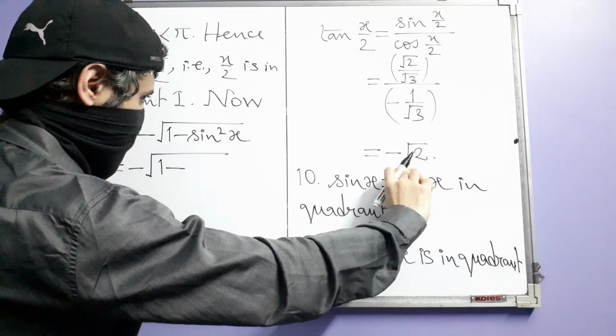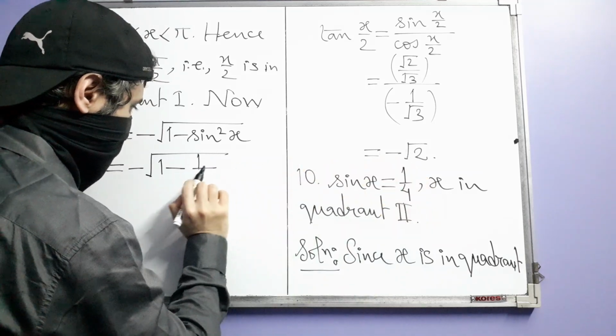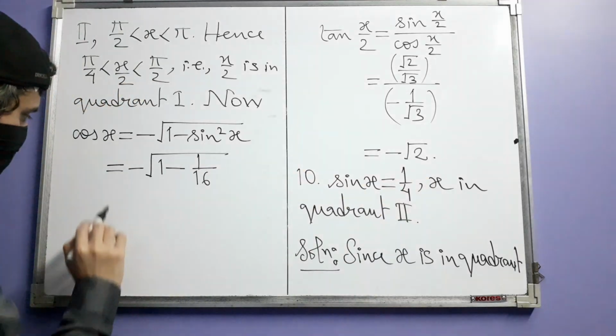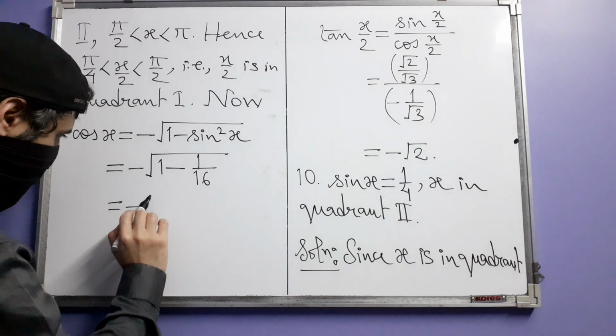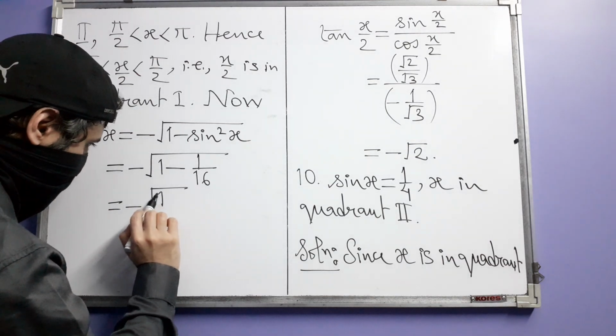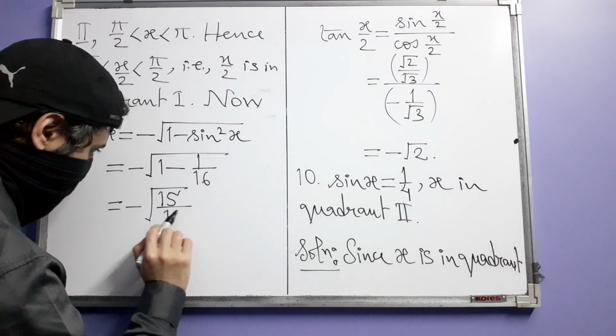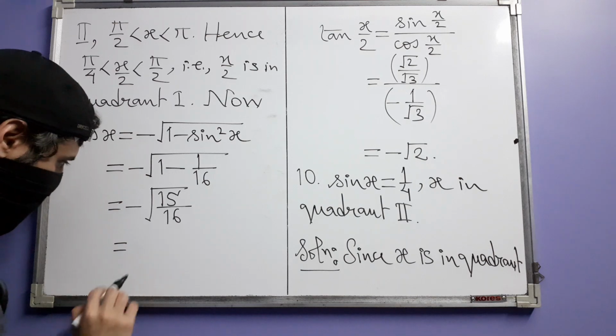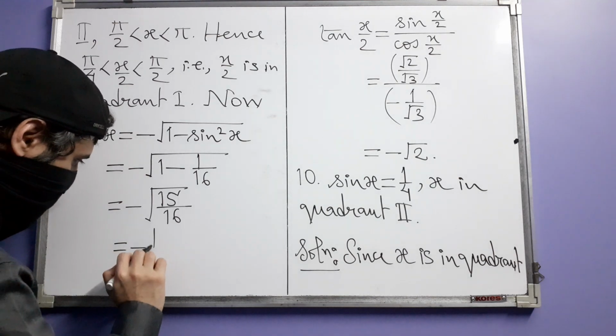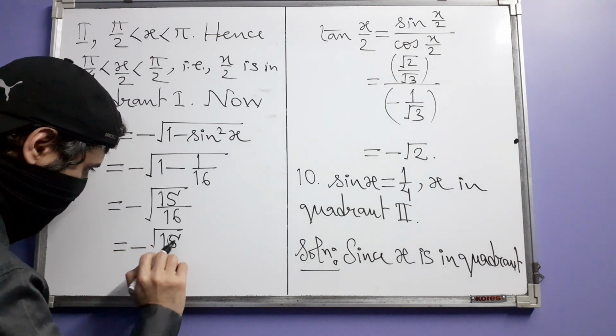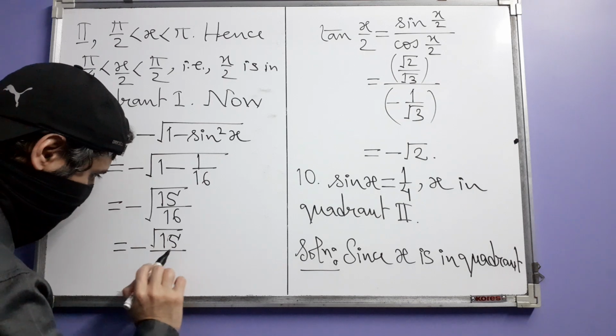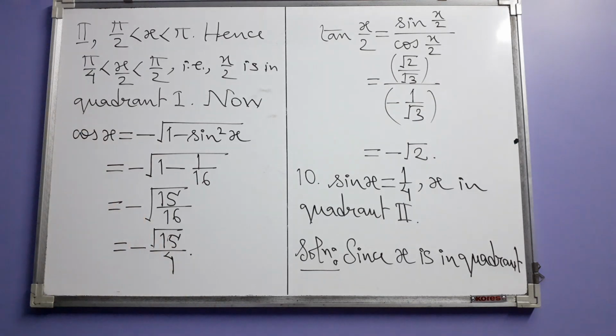I can actually write directly like this. So you have to square this, that means 1 over 16, minus square root of 15 divided by 4.